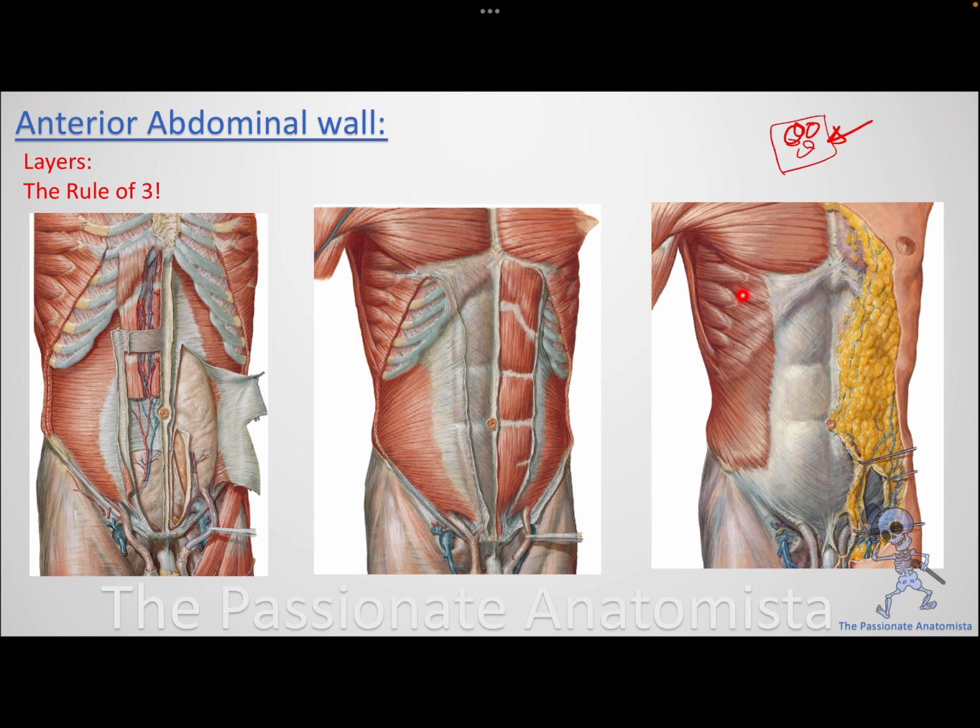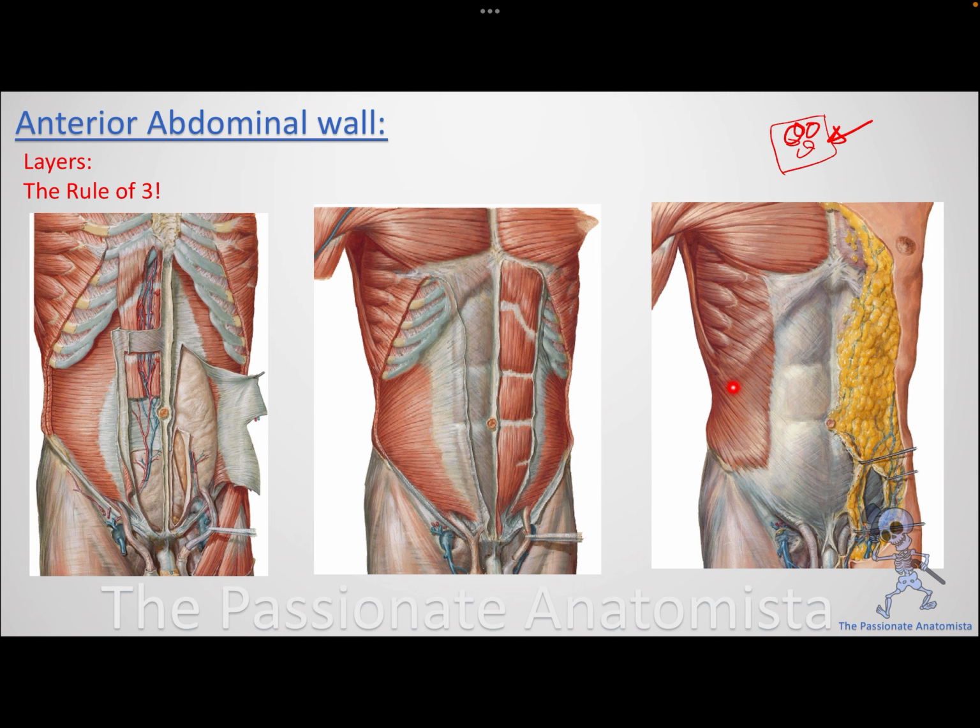External oblique comes from the lower ribs and from the thoracolumbar fascia and the iliac crest. And all of them, in order to get attached, will form a broad flat tendon, because in the abdomen you cannot have the regular kind of tendon. So it's aponeurosis, guys. It's not really a conversion, it's a kind of attachment to the connective tissue that attaches the muscle to its destination, and that is going to be aponeurosis.